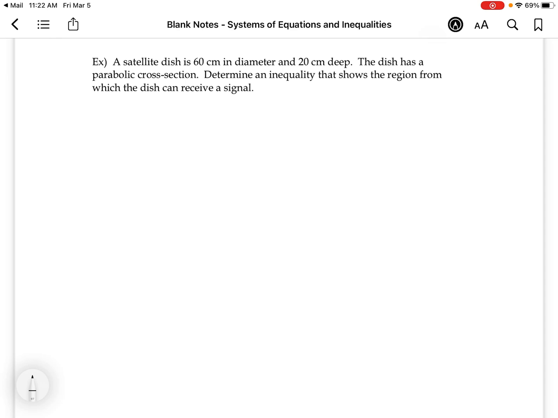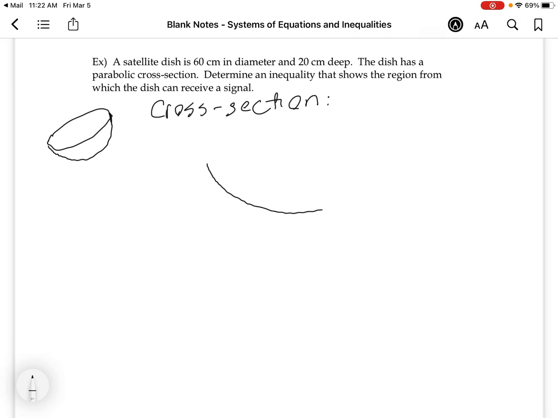Okay, so let's draw a cross-section of this thing. So a satellite dish basically looks like this. They're kind of obsolete now, but they used to be stuck to roofs back in the day so you could get extra TV channels and whatnot. So a cross-section of this thing will look like this, essentially.